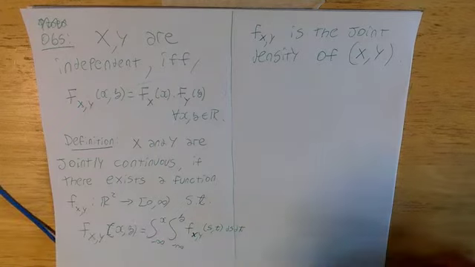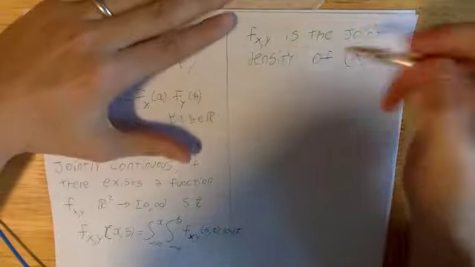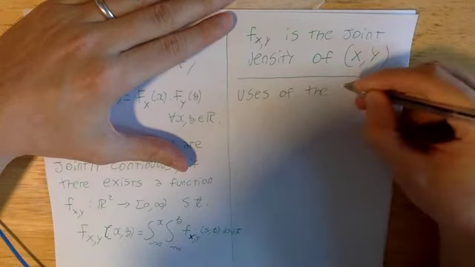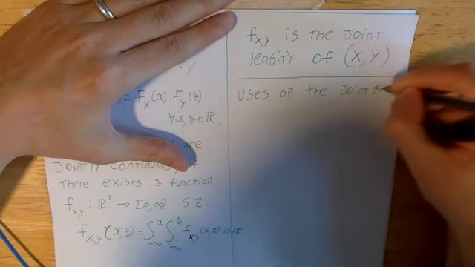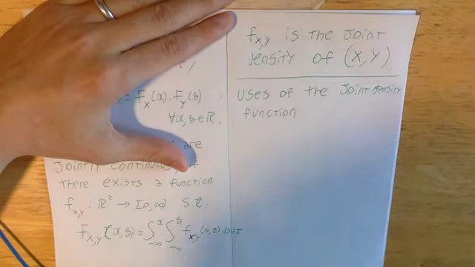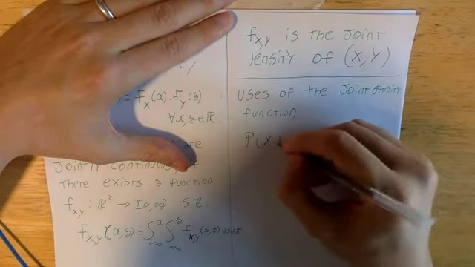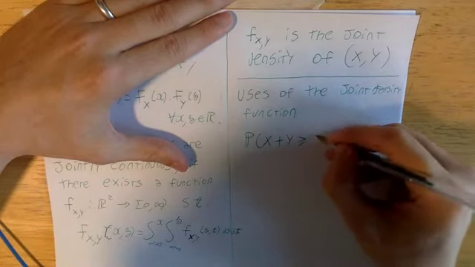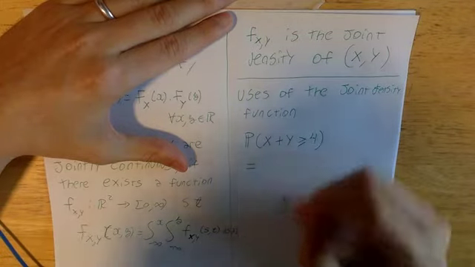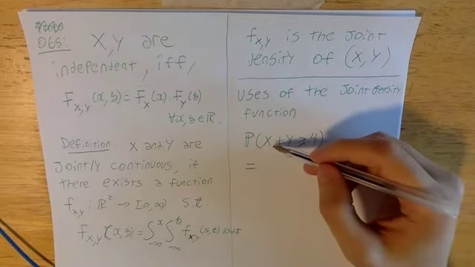Okay, so in particular, you can, for instance, use the joint density function. So let's say that we want to calculate the probability that X plus Y is bigger or equal than 4. This is going to be a union over the values of x.